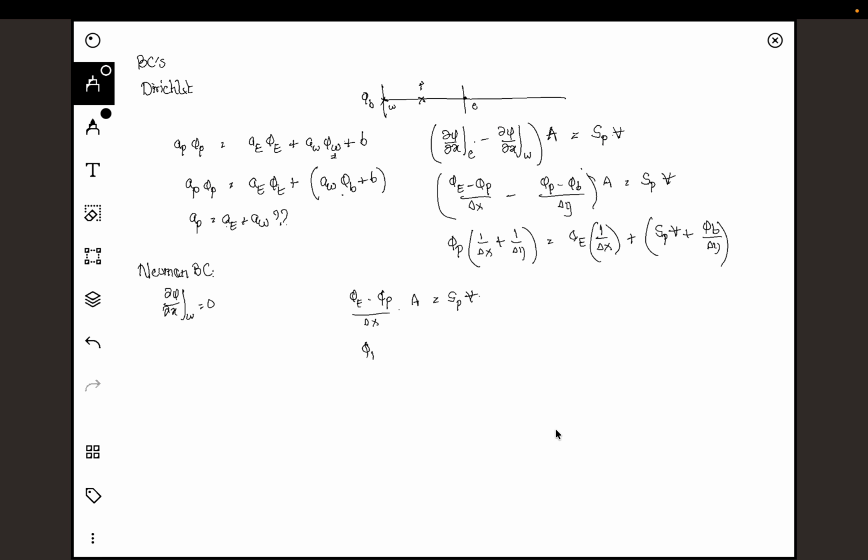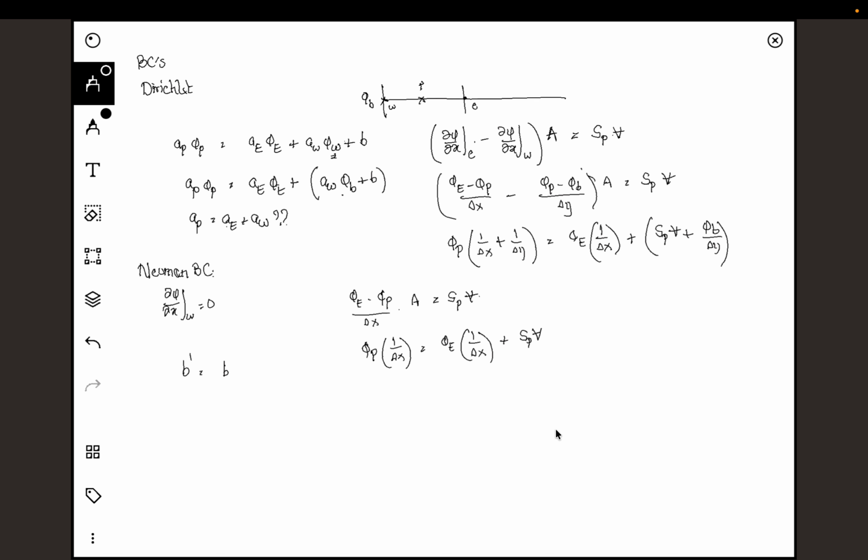So half phi P times 1 by delta x. So you can see the source term is having one from the generation and another term coming from the flux. So in case of Neumann condition, we do not have any flux that is coming from the boundary. So the source term only has B remains as like the normal B that you would get without the flux.